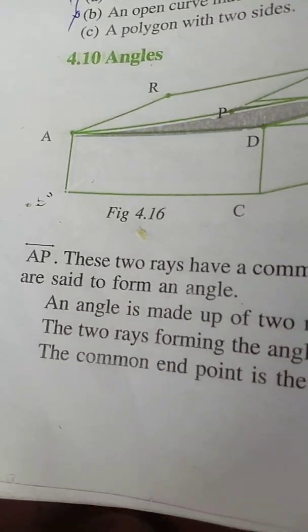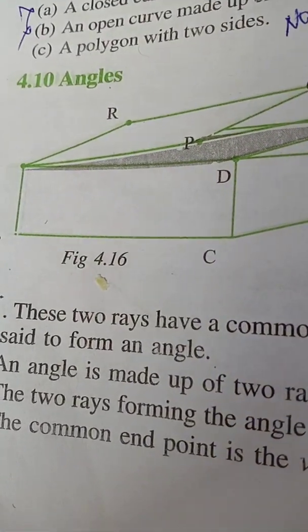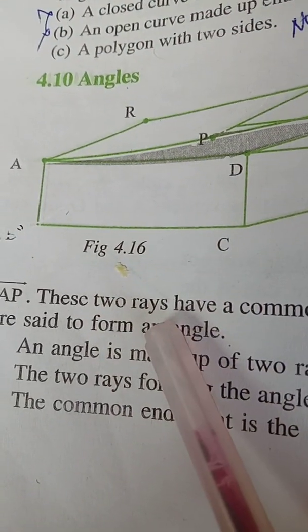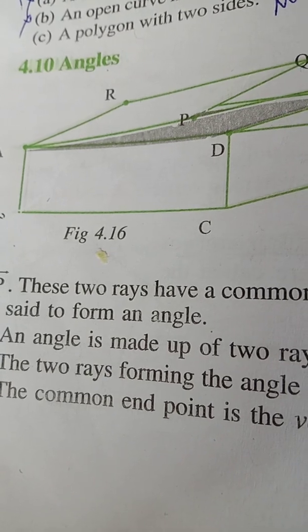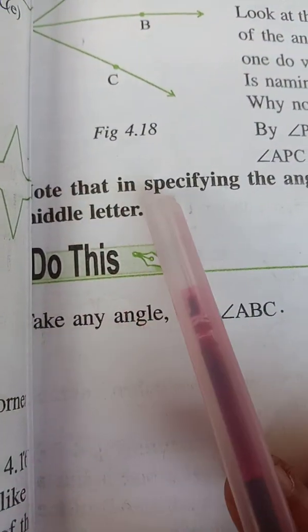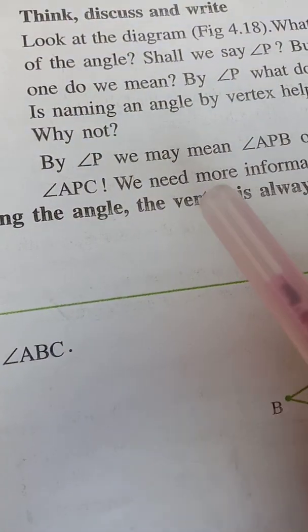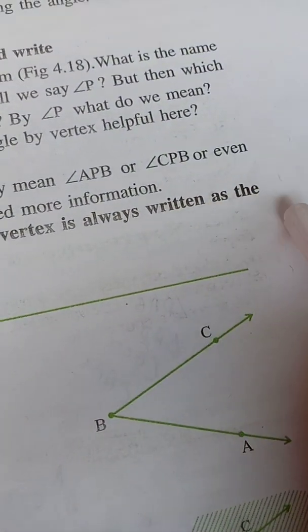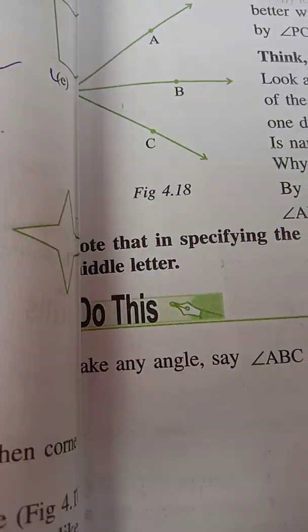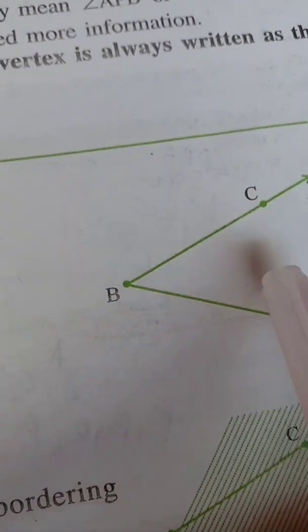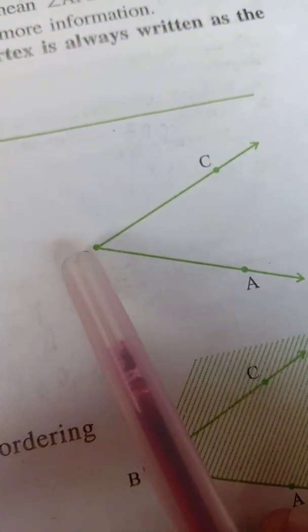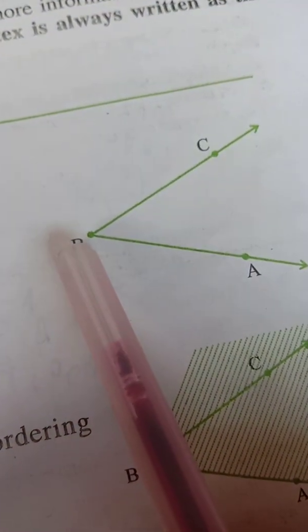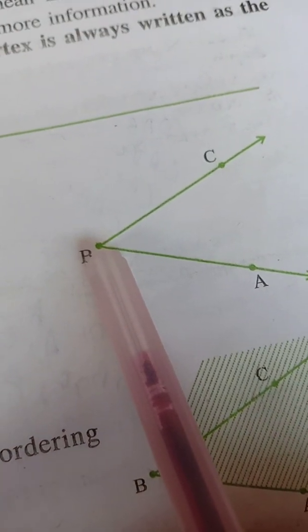Next come angles. What is called an angle? Whenever 2 rays or 2 line segments share a common point, they form an angle. In specifying the angle, the vertex is always written as the middle letter. See beta, suppose this is an angle, here one ray and this is the second ray, meeting in a single point, that is point B. So B is called the vertex.